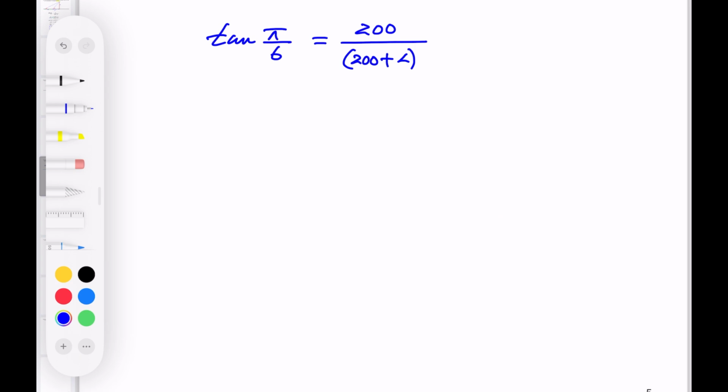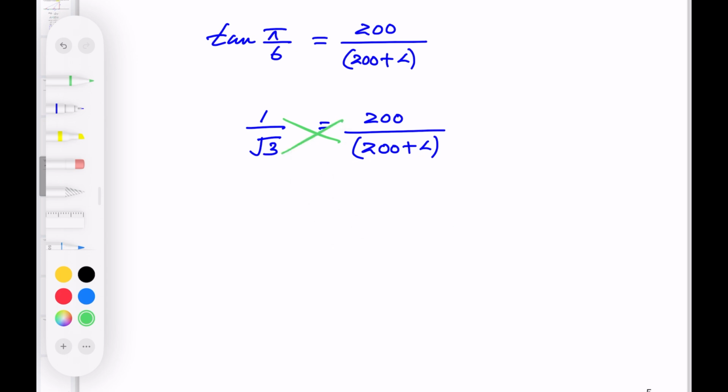Now we just have to simplify this equation. We know that tangent pi over 6 is equal to 1 over square root 3. That's equal to 200 divided by 200 plus L. Now 1 and 200 plus L can be multiplied, and then square root 3 and 200 can be multiplied. Then we get 1 times 200 plus L is equal to 200 times square root 3.